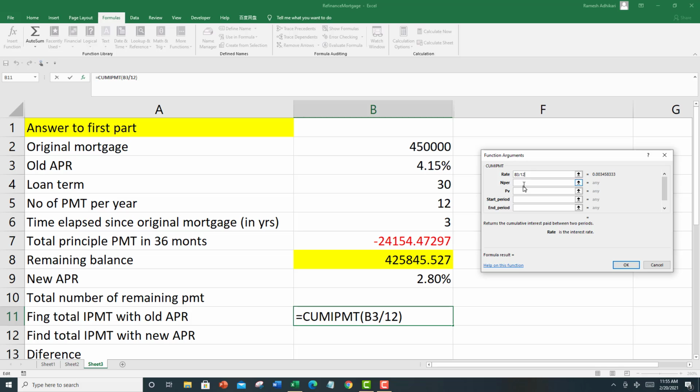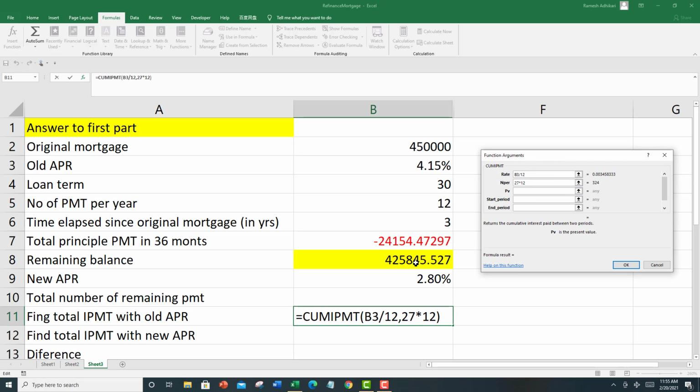And number of periods, and that's the part I think we all should know. It's a 30 years mortgage, but 3 years has already gone. So what you can see is simply 27, the remaining number of years, times 12, right? So that gives us the total number of periods for the remaining balance. And then the PV, which is the present value, which is the remaining loan amount.